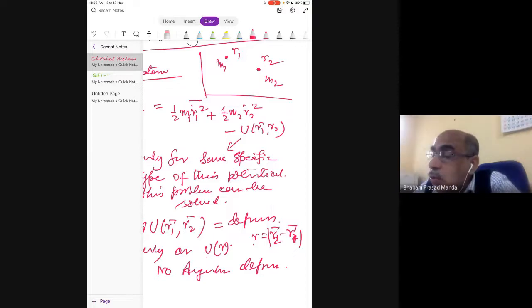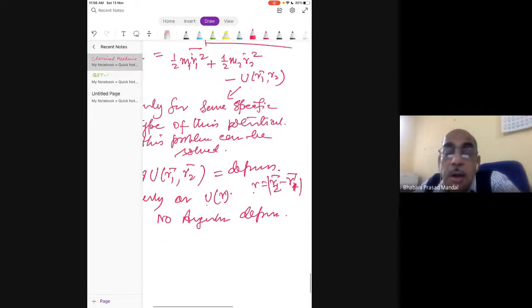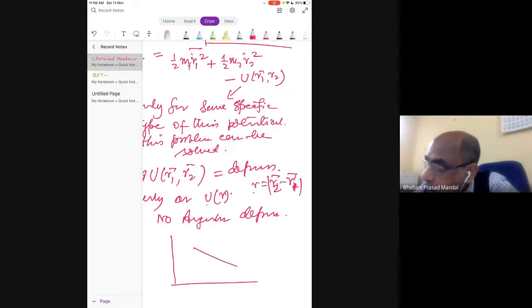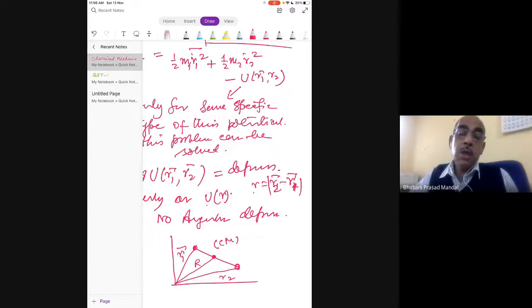But first, what we'll do is reduce this problem by going to the center of mass frame. Let me draw the center of mass. Suppose I have two bodies. This is your R1, this is your R2, and let us consider your center of mass is here, and this coordinate is R, the position vector.